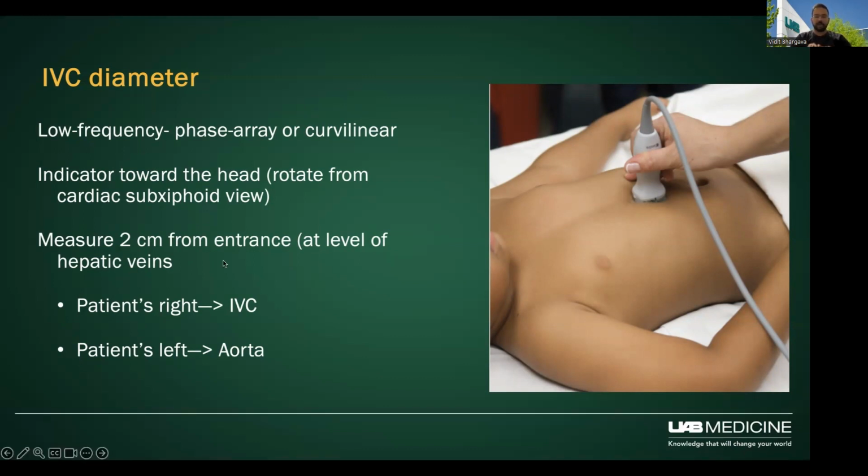Either one would be fine. And the only thing that it changes is the way that your picture will appear on the screen. And we're going to look at those differences in the next slide. And then the measurement for IVC is made about 2 centimeters behind the entrance of the hepatic vein.